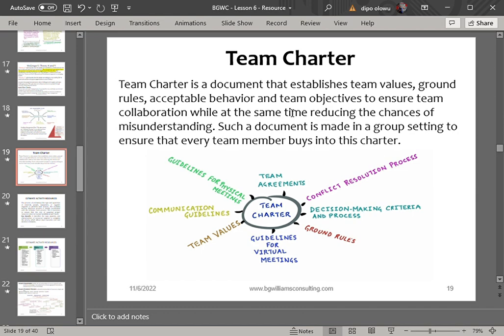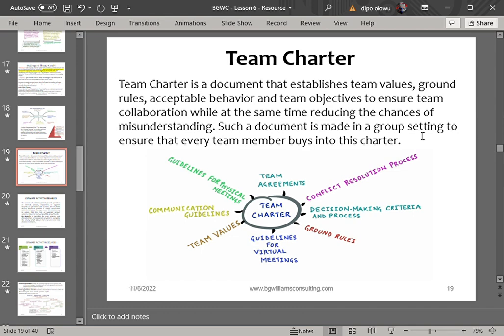And when should this team charter be created? It should be created at the beginning of the project. So which means the moment you have been able to gather your team together, you must discuss the rules and regulations that will guide and govern your team.